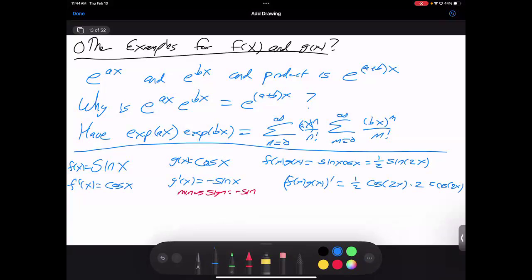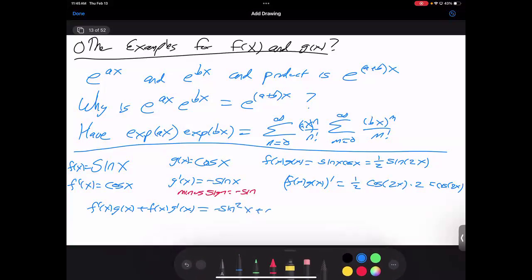So if you put everything together, does this look right? So f prime of x g of x plus f of x g prime of x, which is what we're conjecturing from before, that's going to be minus sine squared x plus cosine squared x versus cosine 2x.